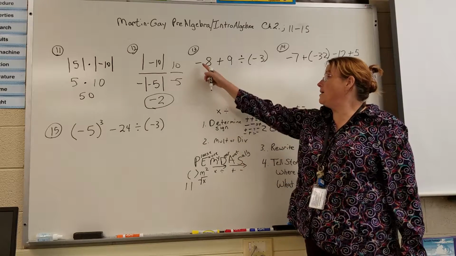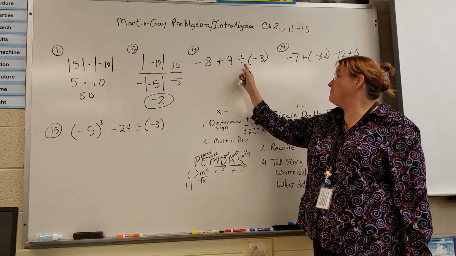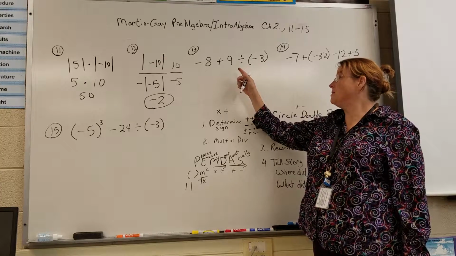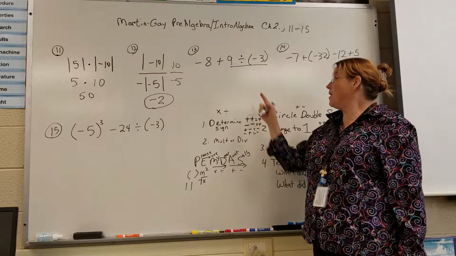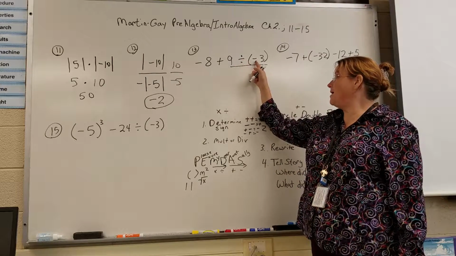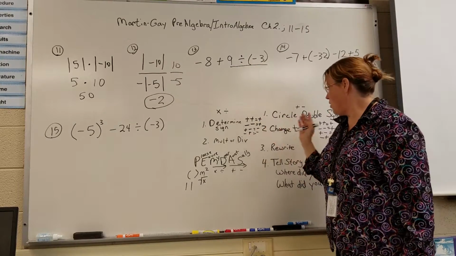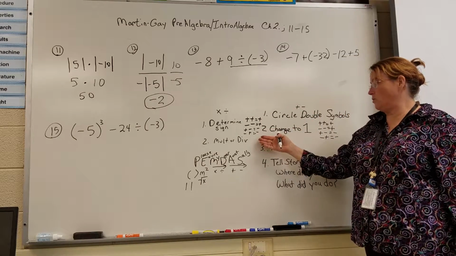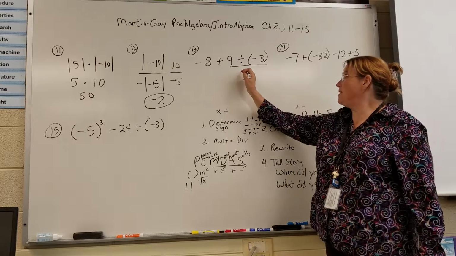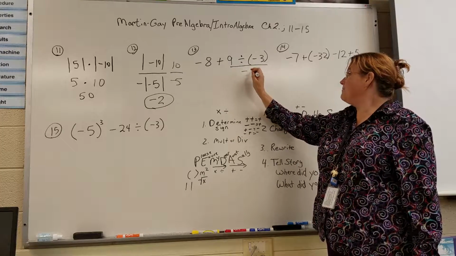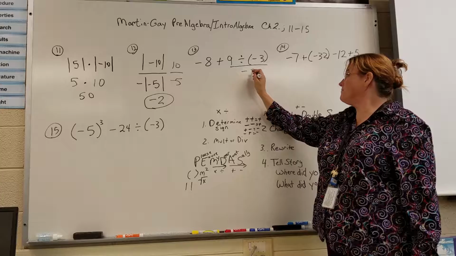So here we have a subtraction, an addition, a division of a subtraction. So what comes first is this division. So you have a positive divided by a negative number. So going back to our multiplication and division rules, a positive and a negative is a negative. So I have 9 divided by 3 is negative 3.